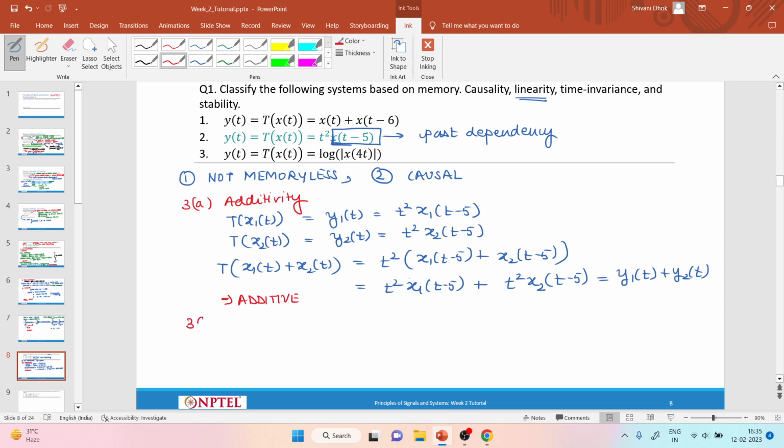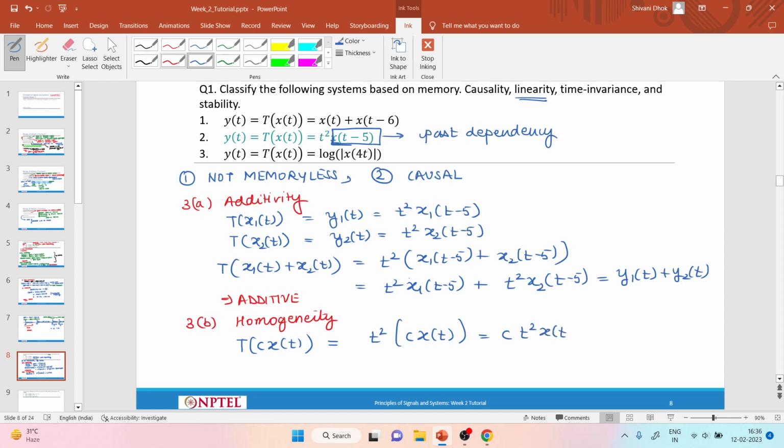Next thing that we need to look at is homogeneity. So let us say we gave a scaled input, that is c times x of t, and output of that will be t square into the input, that is c into x of t, which is equal to c times t square x of t.